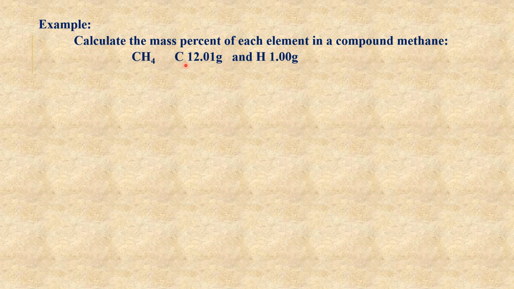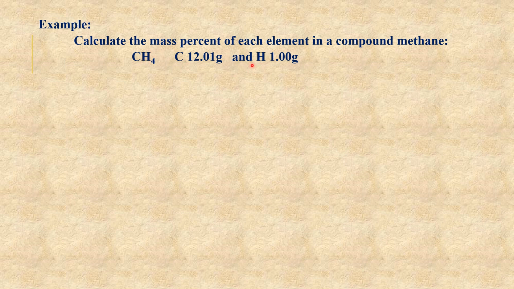Again, let us first list down the atomic mass of each element present in the given compound. The first element is carbon and the second one is hydrogen.